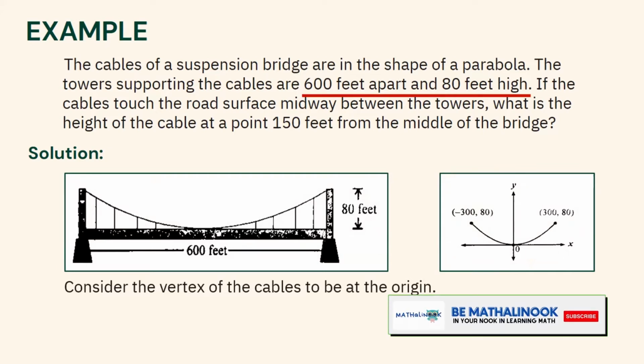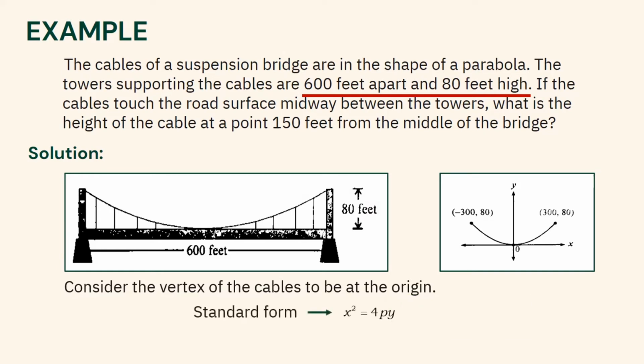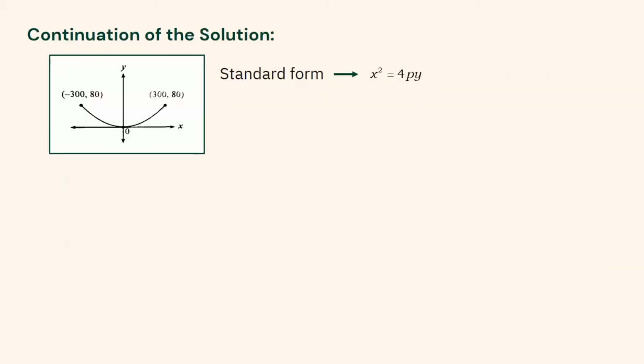Moreover, since the parabola opens upward with vertex at the origin, then the standard form of the equation will be x squared equals 4py. For us to determine the equation of the parabola, we need to substitute (300, 80) to the equation x squared equals 4py and solve for p.